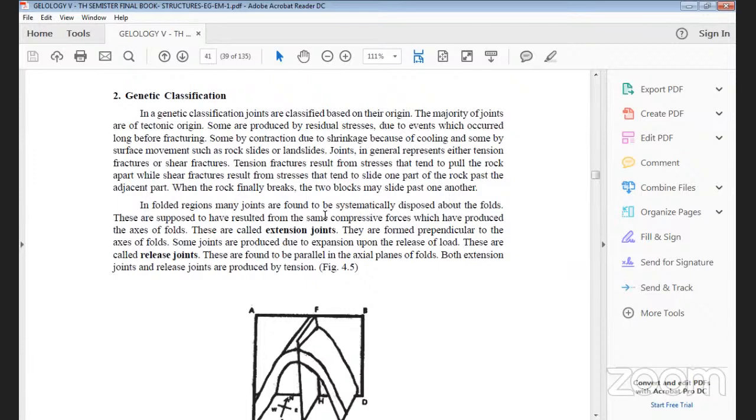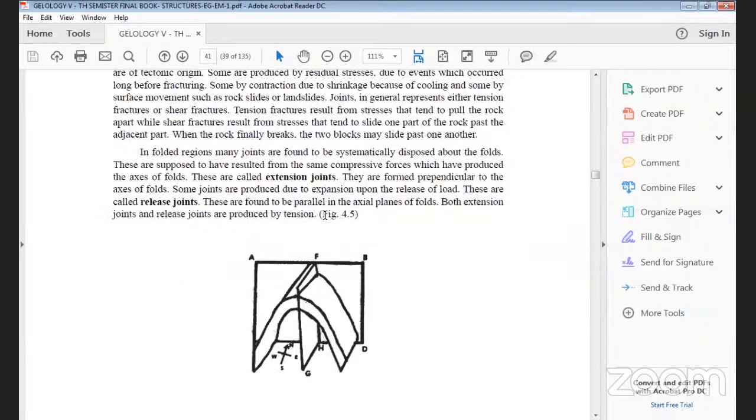Some are produced by contraction due to shrinkage because of cooling, and some by surface movement such as landslides. Tension fractures result from stresses that tend to pull the rock apart. Shear fractures result from stresses that tend to slide one part of a rock past the adjacent rock.